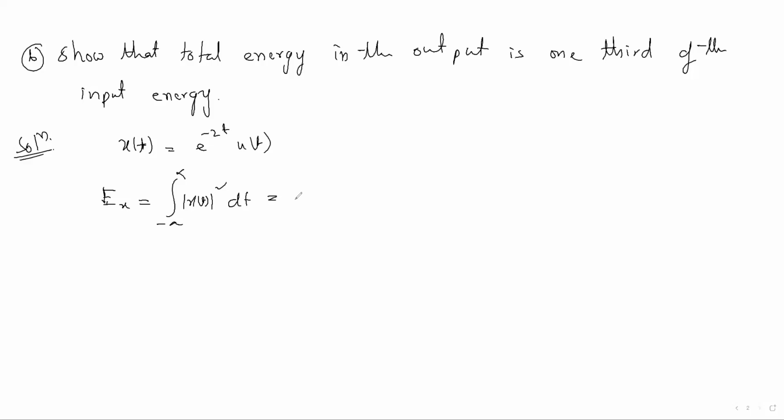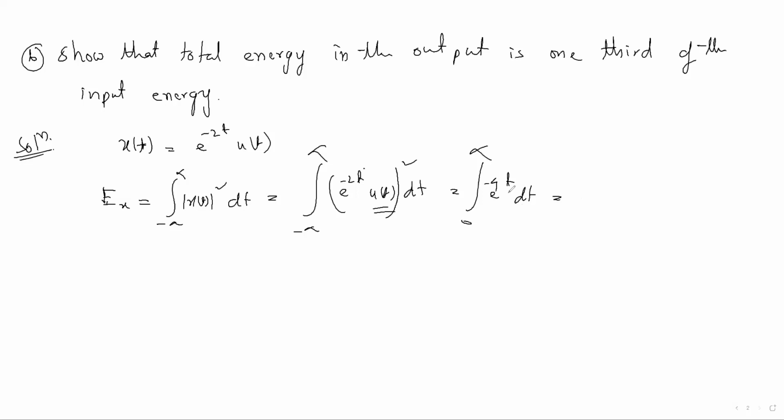Okay, so here if you put the integral from minus infinity to infinity of e to the power minus 2t u(t) dt. Since u(t) is there, the integration becomes 0 to infinity of e to the power minus 4t dt. When you solve this, since the square is there, you have to write here minus 4.